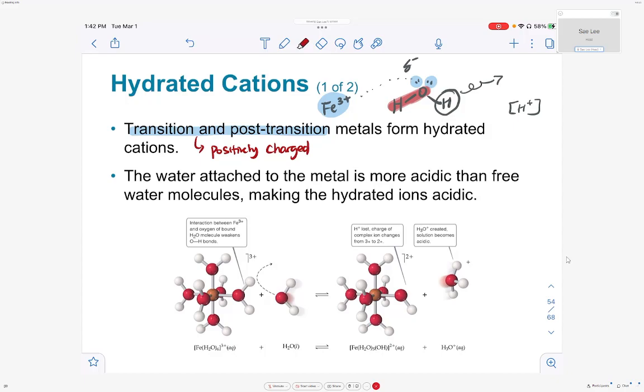So now they're separated. Now this iron and hydroxide stay closer together, and hydrogen eventually falls off. So due to this reason, any salt containing these transition metals or post-transition metals will be acidic because they produce a proton. They increase the proton concentration when they're in water.